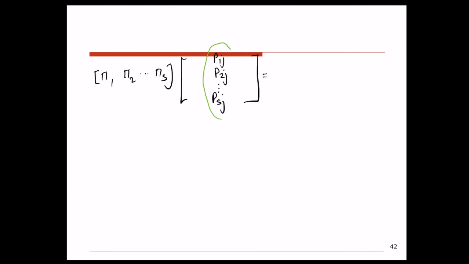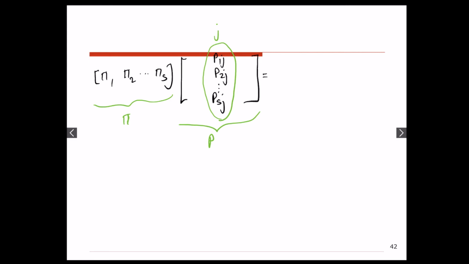So let's multiply vector pi by the one-step transition probability matrix P. So here what I have is the column j of the one-step transition probability matrix P. Obviously, if I multiply vector pi by the matrix P, the result is going to be a vector which has the same size as vector pi.